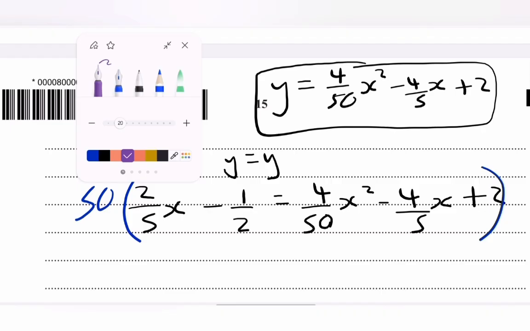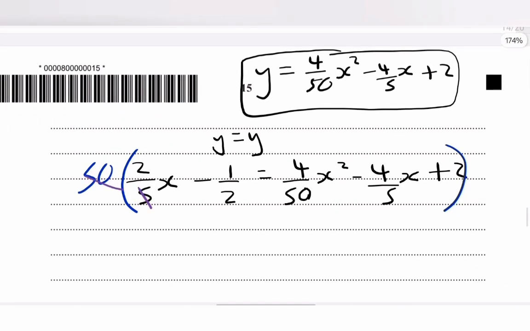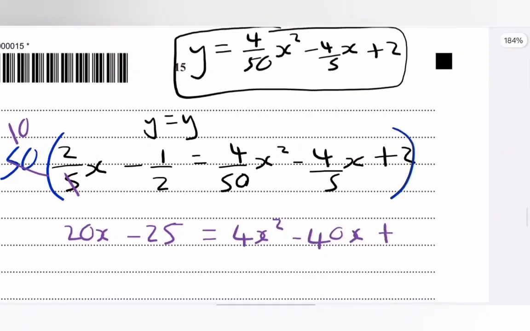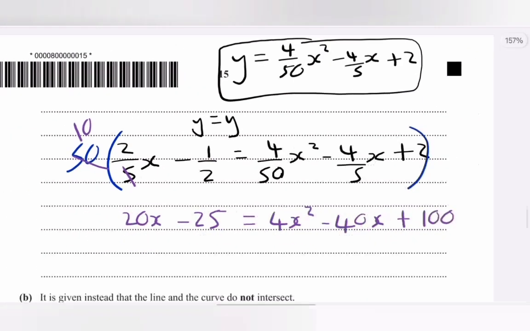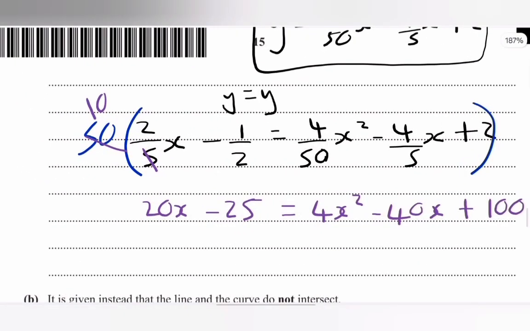So that gives us, this would be 10 times 2, 20x minus 25 is equal to 4x squared minus 40x plus 50 times 2, that's 100.